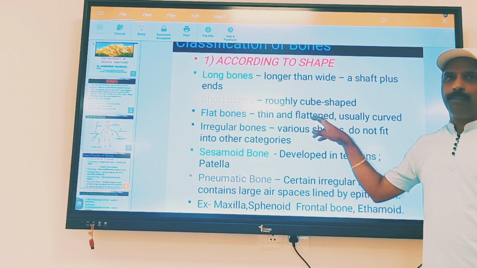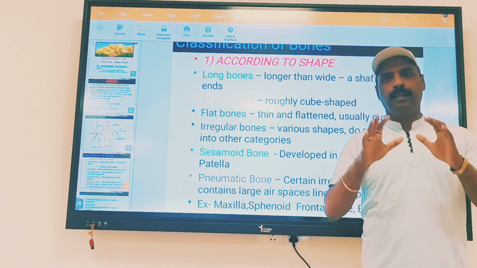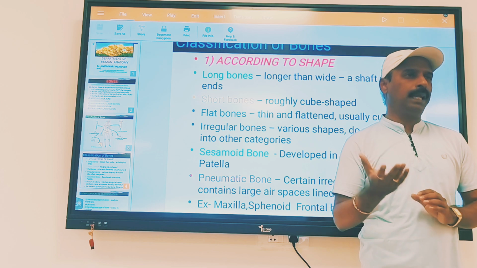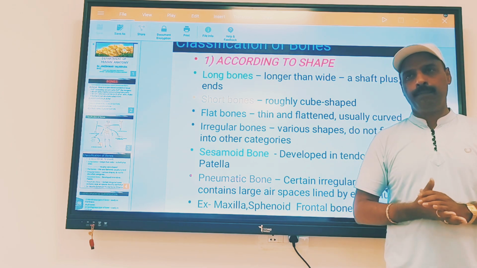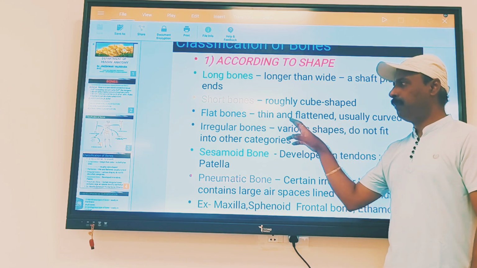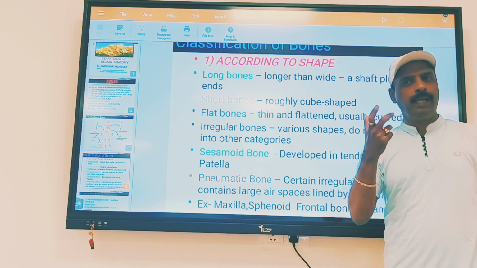Next we get the flat bones. Flat bones include the skull bones, ribs, sternum, even the scapula. Irregular bones include the vertebrae and hip bone.